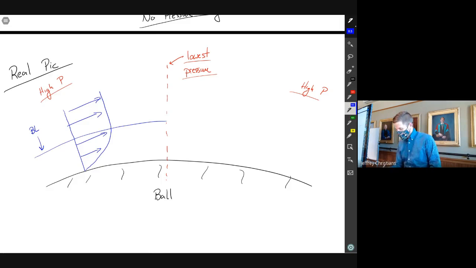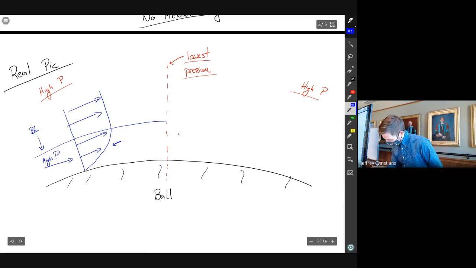Here we have high pressure pushing on the backside of our object, and we have, I'm dramatizing this, low pressure pushing on the front side of the object.